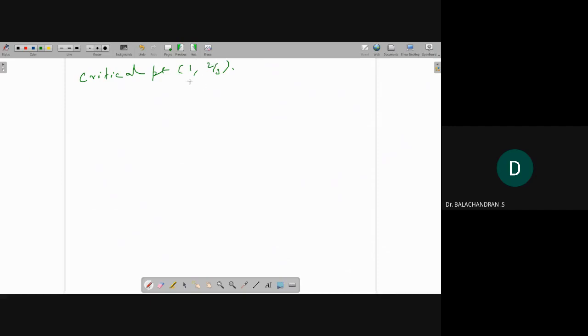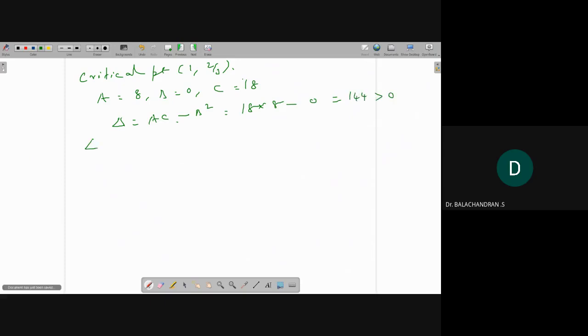So now at 1 comma 2 by 3, A is 8 because A, B, C are independent of x and y. So C is 18. So delta is AC minus B square, that is 18 into 8, which is 144 minus 0, 144, which is greater than 0.